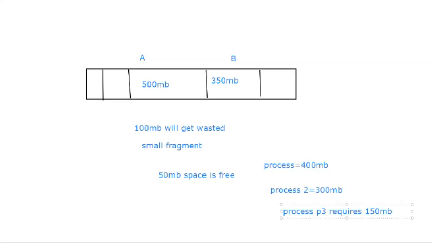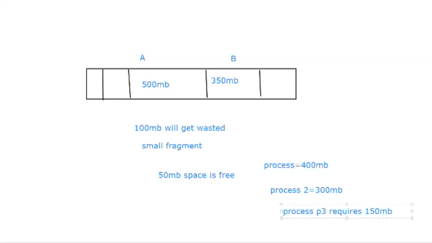In this situation, tell me whether process P3 will be able to get 150 MB space, although 150 MB space is available. 100 MB space is available in block A and 50 MB space is available in block B. Will P3 be divided into 150?